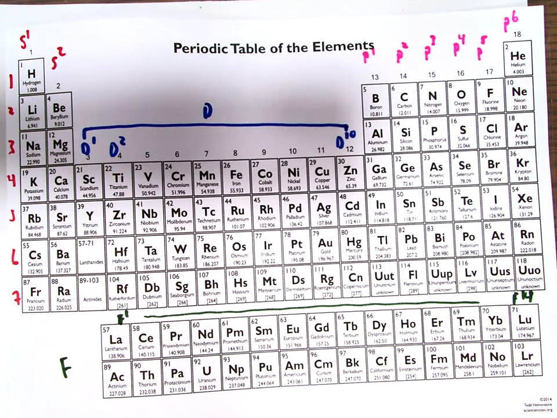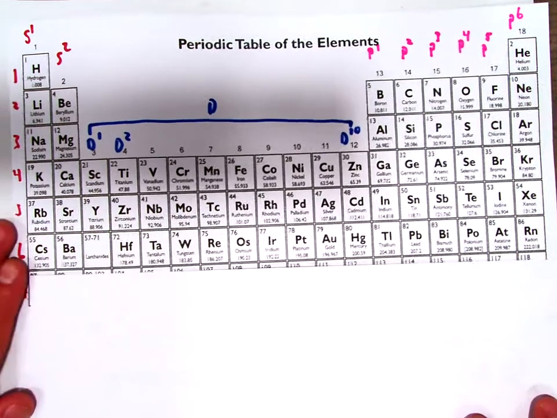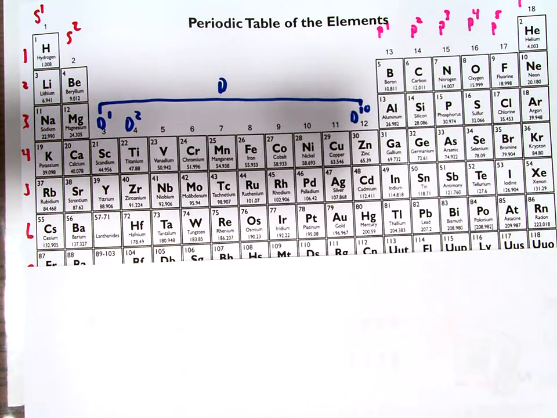All right, so let's do electron configuration for a couple elements. We'll try a couple different problems. Let's start with, let's say, lithium.